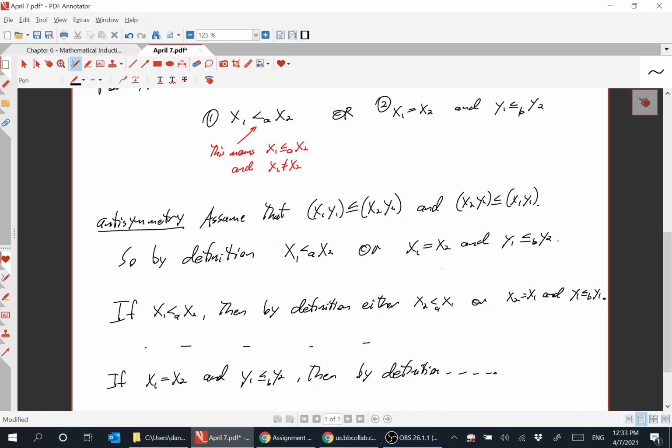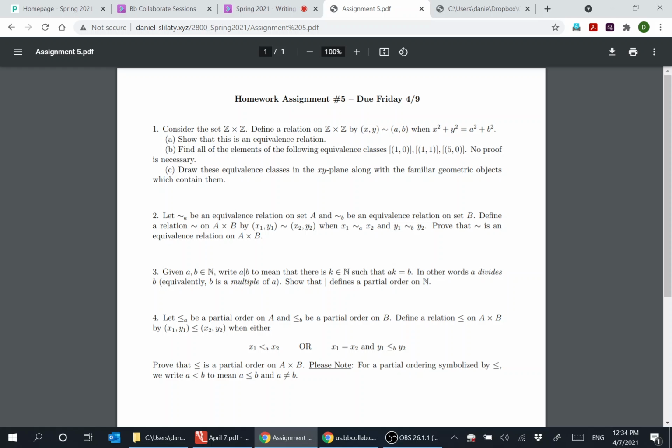For number 3, NK equals L, or NL equals 1. And in the natural numbers, NL equals 1 only if N equals L equals 1, right? There's no proof necessary.